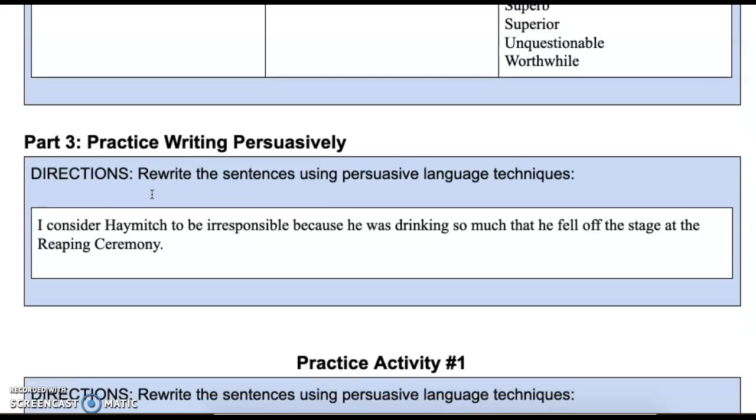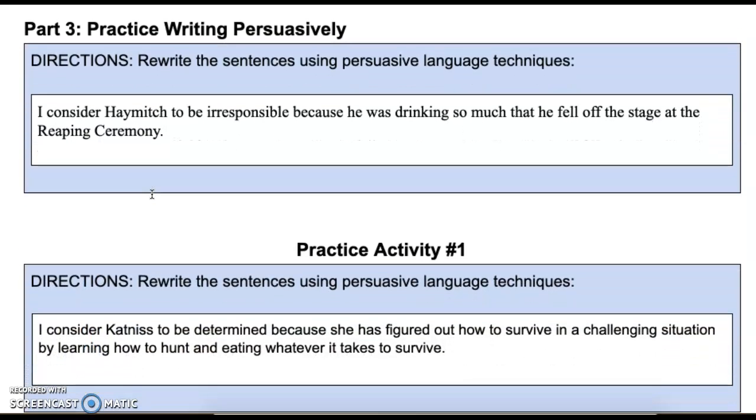Now we'll go down to part 3, and we're going to practice writing persuasively. The directions are to rewrite the sentence using persuasive language techniques. Our sentence is, "I consider Hamish to be irresponsible because he was drinking so much that he fell off the stage at the reaping ceremony."